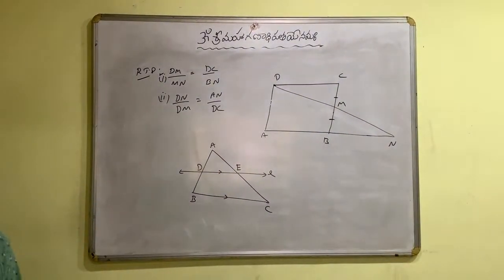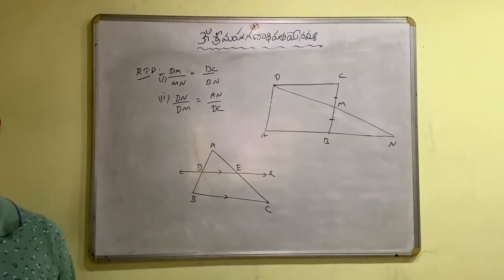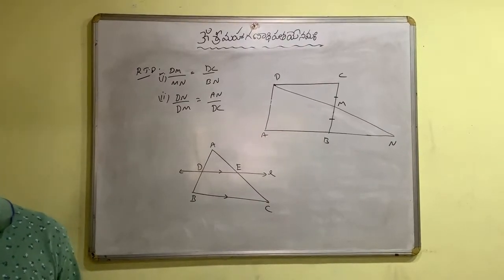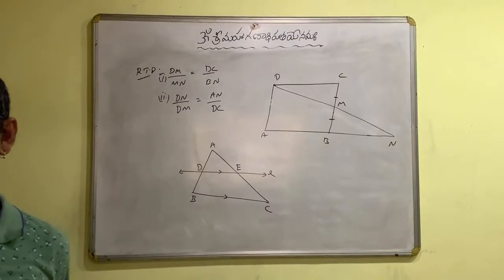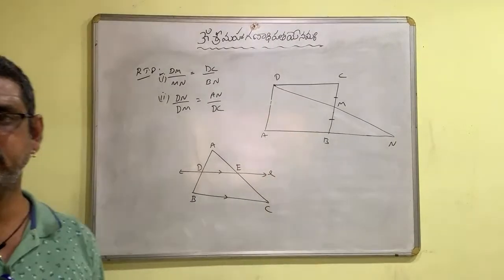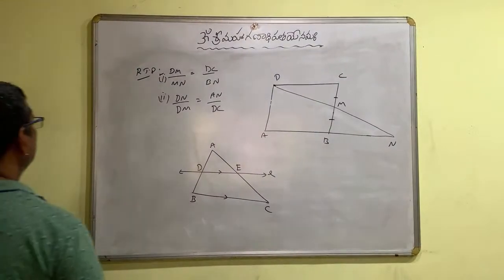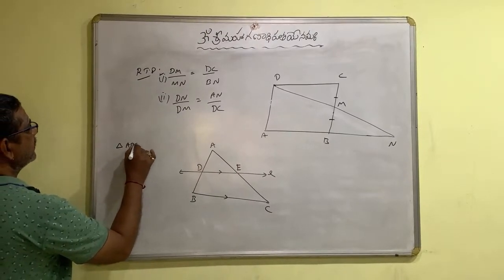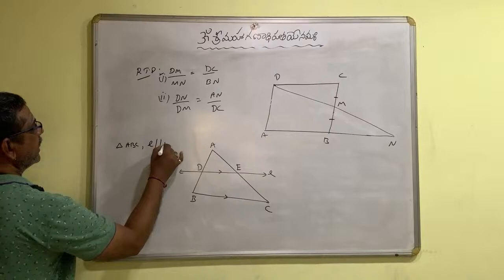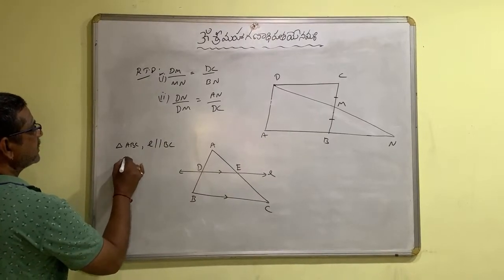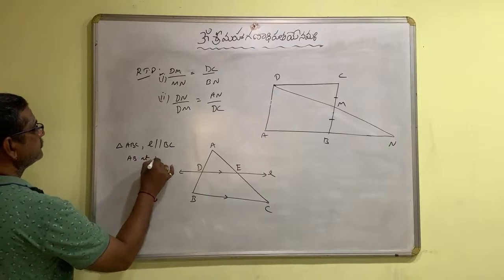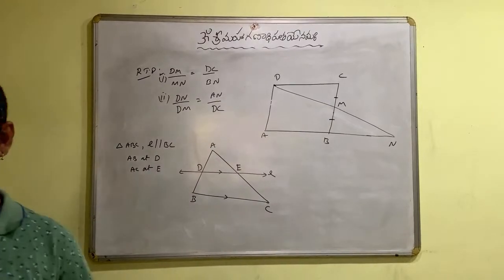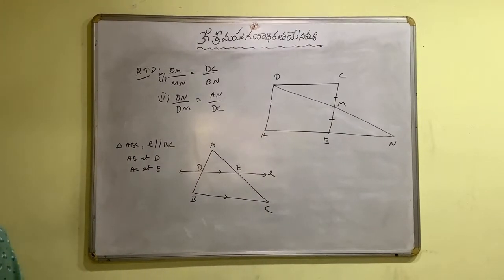It is parallel to the third side. So that is the given condition. What is given? Triangle ABC, line L is parallel to BC, intersecting AB at D, AC at E. This is what we need to observe.